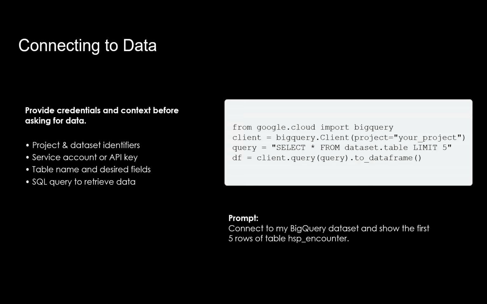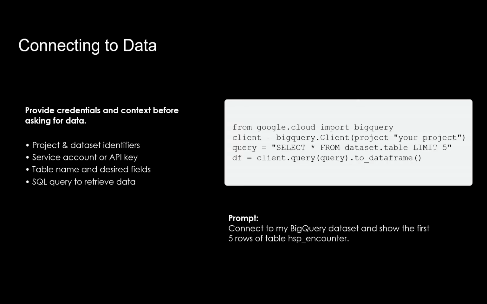Actually, first it's bringing in a library that it needs, and then we use just a string essentially to define the query, which is select everything from our data set and table, and then we put that into a data frame. Often when you see df in example queries, that means data frame. And that's what happens when you return this information. You see that in the last line there.